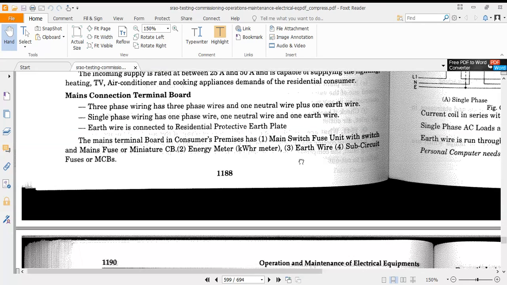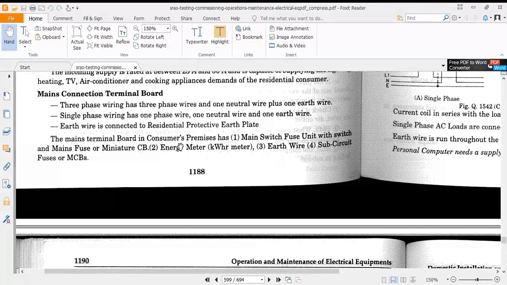The main terminal board of the consumer premises, maybe our own house, will consist of the main switch fuse unit with MCB, then the energy meter, then the earth wire, then sub-circuits if any.